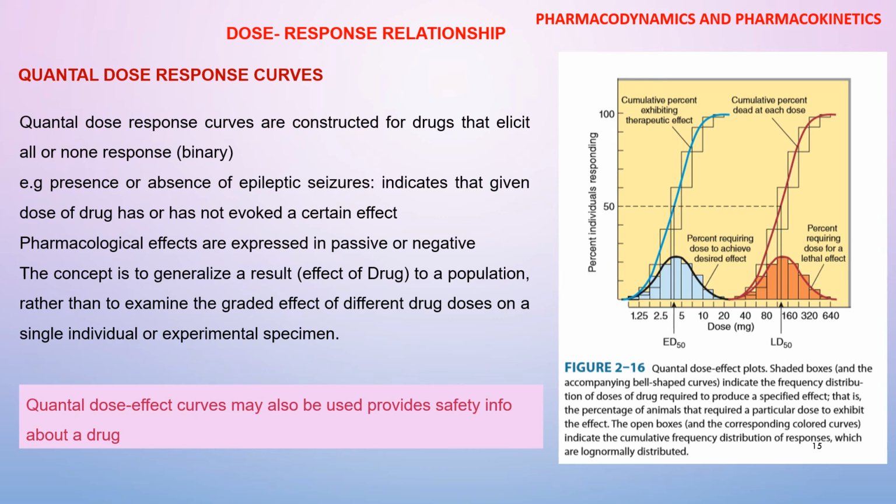Thus, the quantal dose response curve gives a generalized effect of the drug in a population and can be utilized to estimate the safety information about the concerned drug. The figure here shows the quantal dose effect plots.